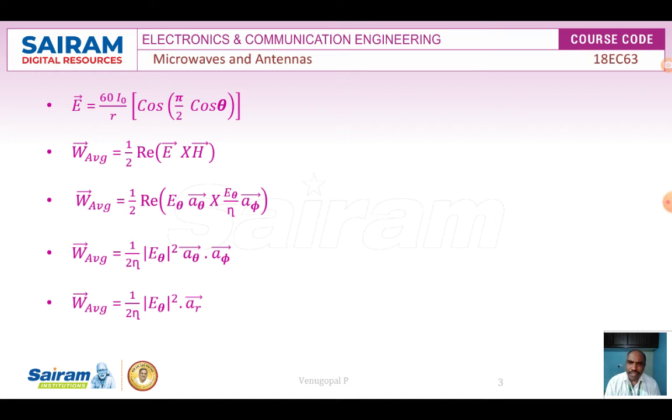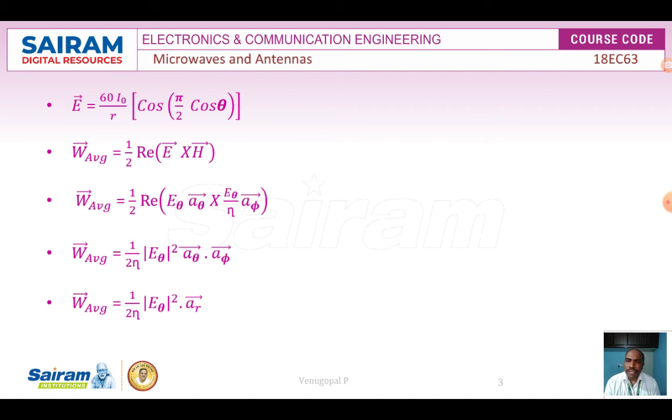This magnetic field is in the direction of phi. So H can be expressed in terms of E theta by using the impedance equation. Eta is equal to E theta by H phi, or E by H. From that we can write vector H is equal to E theta by eta into A phi vector.